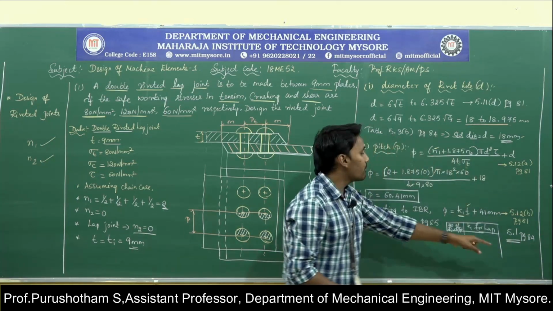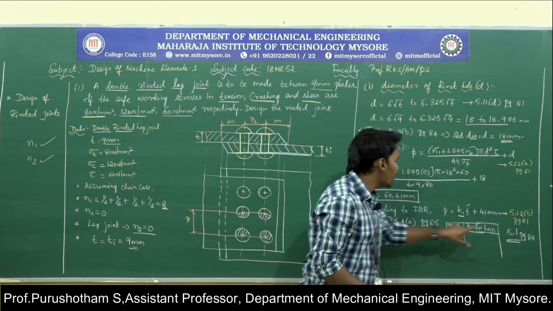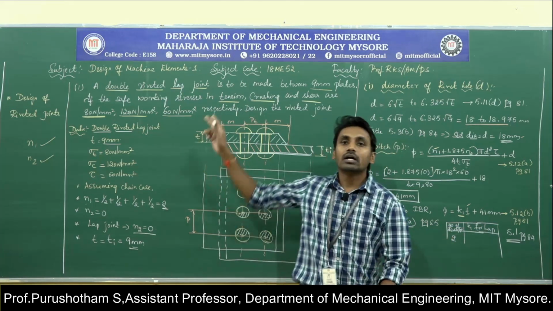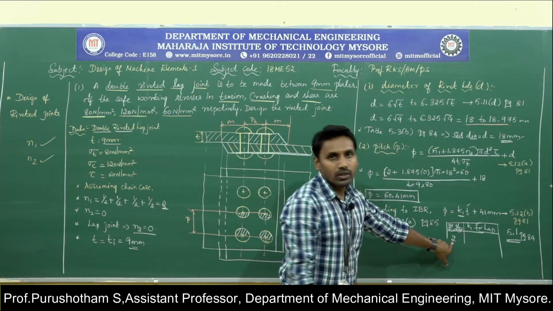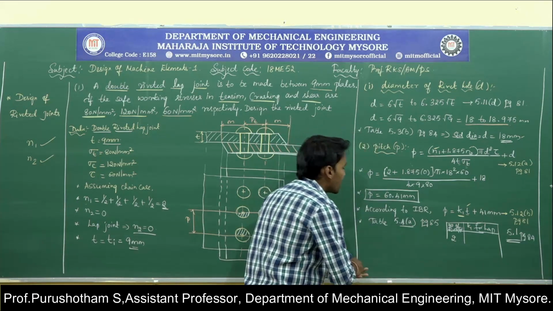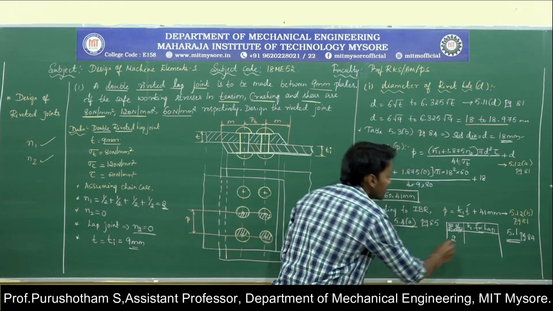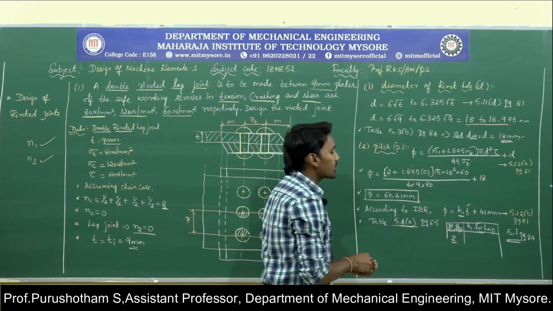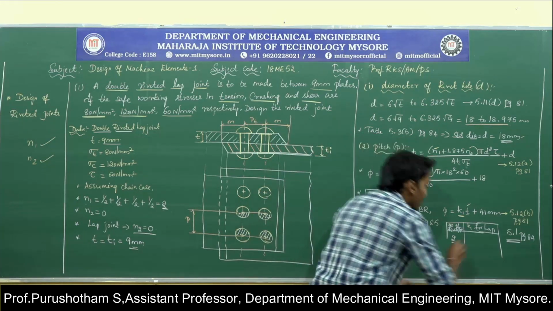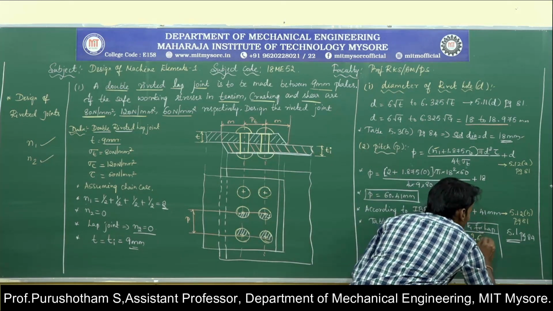From this table, you will get the number of rivets per pitch for the double riveted lap joint, which is also 2. Then from table 5.4a, the number of rivets per pitch is 2, so the K1 value for the lap joint is given by 2.62.